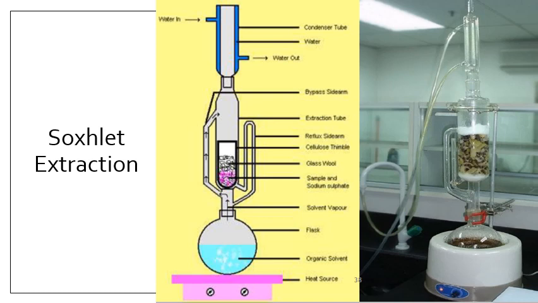The condenser converts those vapors again into liquid form, and that liquid again goes through the drug and is collected in the vessel. This way we are using the same solvent again and again, and it is extracting out the active constituents from the crude drug.